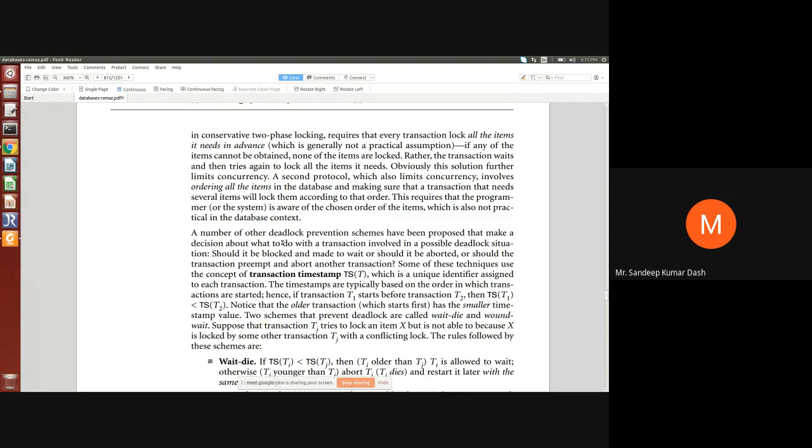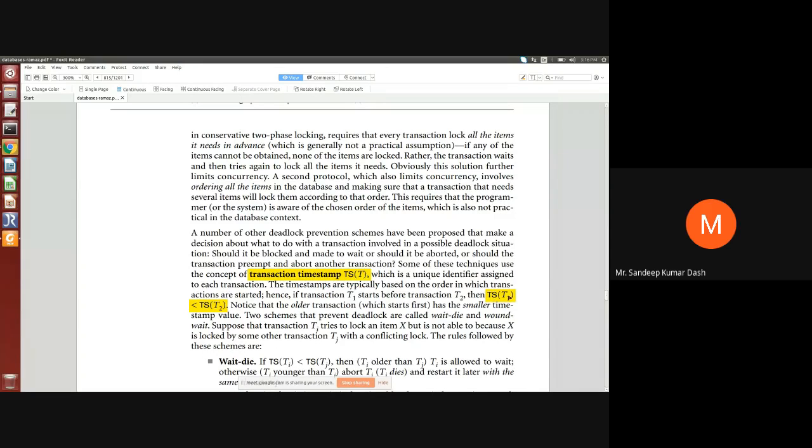That is represented by TS of T. So if the transaction is T, then its timestamp will be represented by TS of T. If a transaction, say T1, starts before the transaction T2, then normally you assign TS(T1) is less than TS(T2).